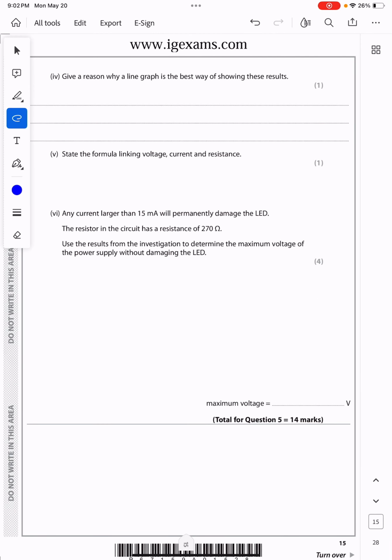Any current larger than 50 milliampere will permanently damage the LED. So if the power supply gives that amount of current, then we will damage the LED. The resistor in the circuit has a resistance of R. We have the maximum I in the whole circuit, and we don't care about where because in the whole circuit it is the same I, as long as we are in a series, not a parallel, not other types of circuits, okay?